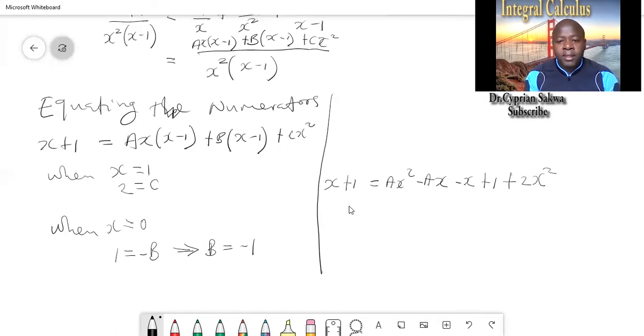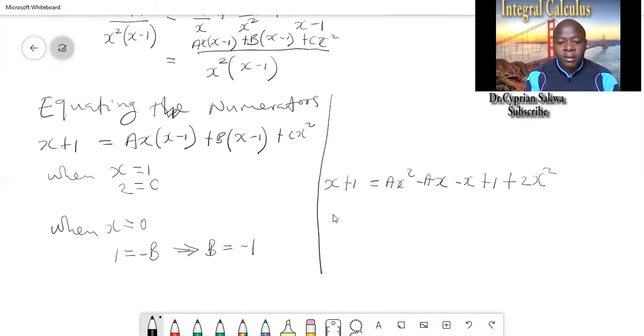Now what I discover is that on the left side we have a value with the x, and then we have the constant. On the right side we have the values with x squared, x, then the constant 1. So 1 equals 1. But I need to equate the values of x.